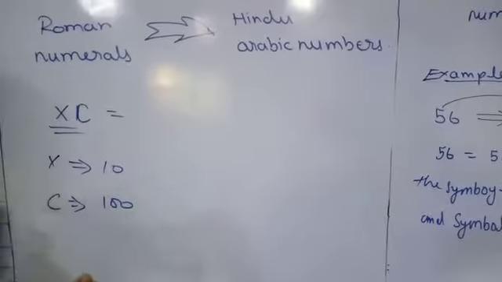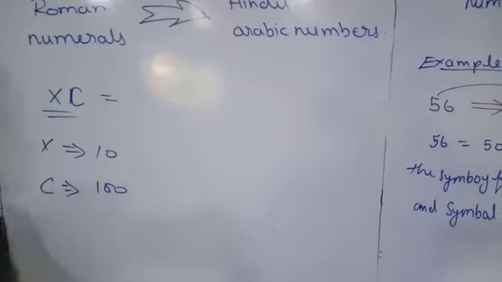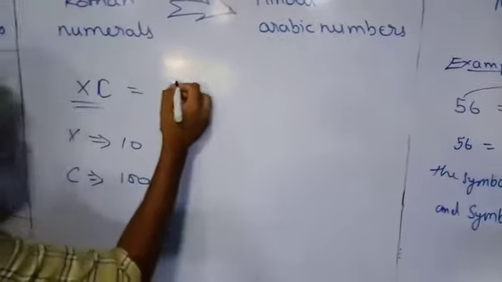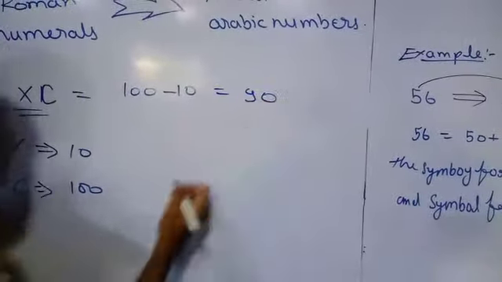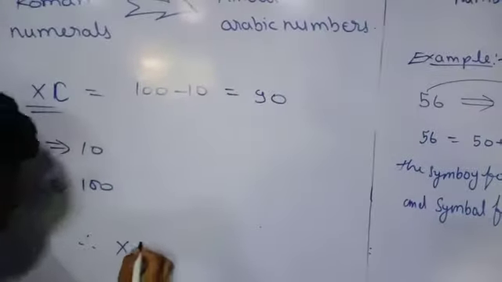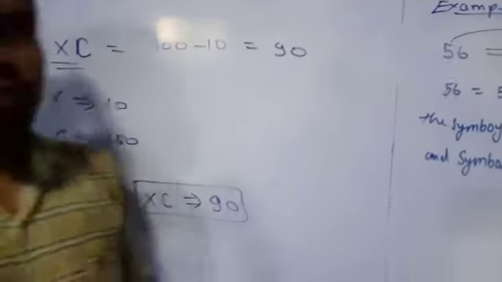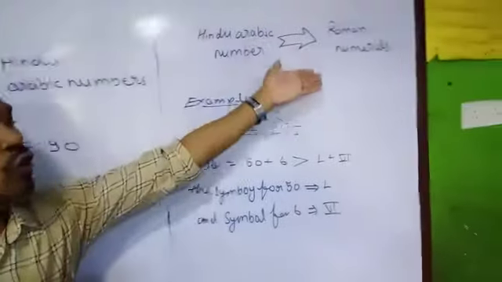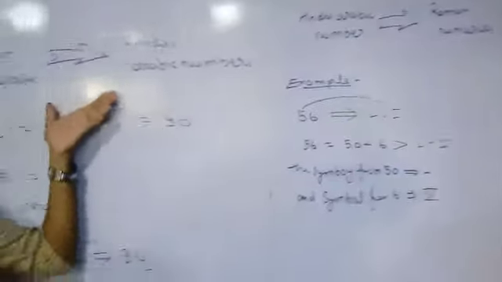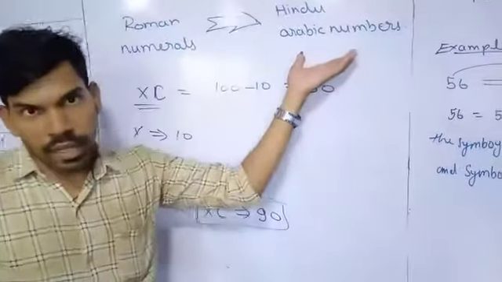As we learned, if the smaller number is to the left of the bigger number, we do the subtraction. 100 minus 10 is 90. Therefore XC is written for 90. Clear? In this way we learn to convert Hindu Arabic numbers to Roman numerals, as well as Roman numerals into Hindu Arabic numbers.